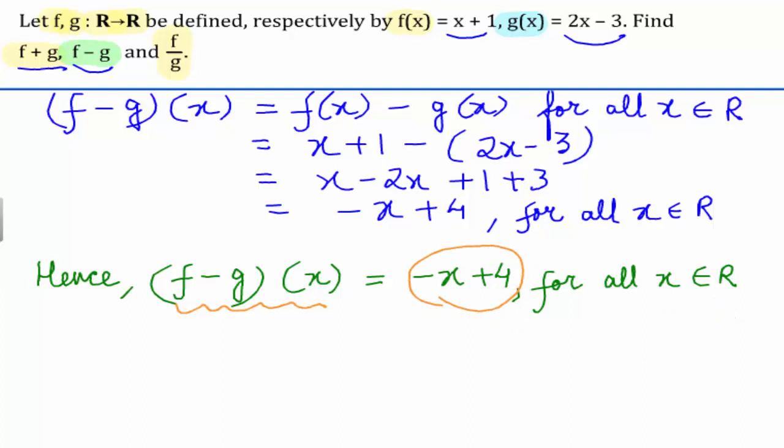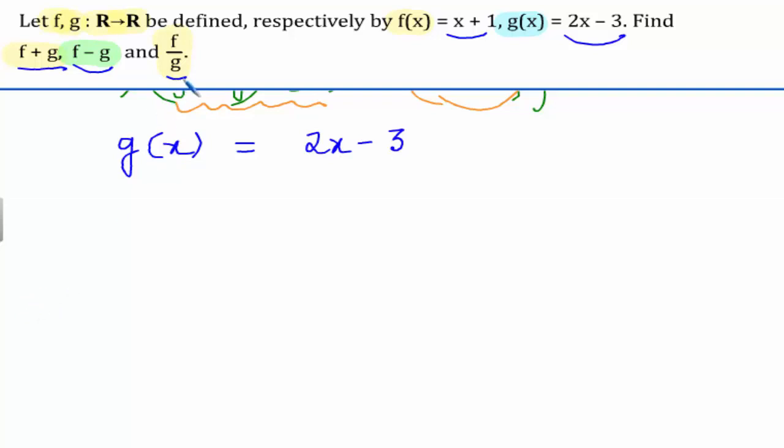Now we need to find f by g. Now g of x is given by 2x minus 3. Now before finding out f by g of x, let us first find the domain of f by g of x.